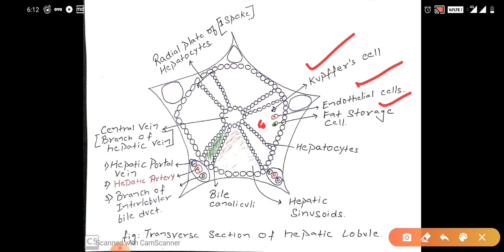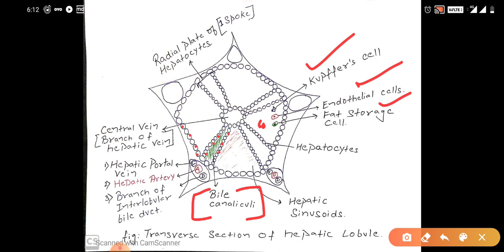Now, where the bile is secreted inside the liver, we all know that bile is formed inside the hepatocytes. These all cell that I have drawn, these all are hepatocytes. So in the bile canaliculi, bile is secreted by these hepatocytes.